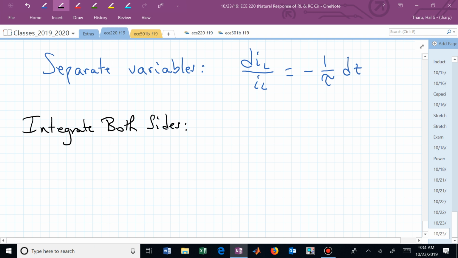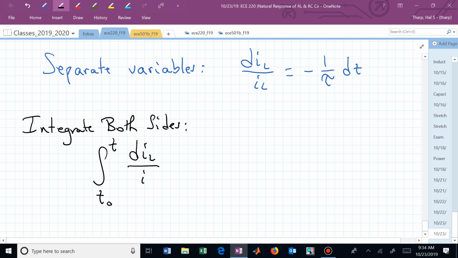And just to keep things a little bit clear, because I want my limits to be in terms of time t, I'm going to let my variable of integration on the right, instead of dt, I'm just going to call it dx. Is that okay? So now I'm going to integrate, but on the right I'm going to replace dt with dx. My limits will be still in terms of time. If we now integrate both sides, we're now integrating from t0, some initial time, to some final time.